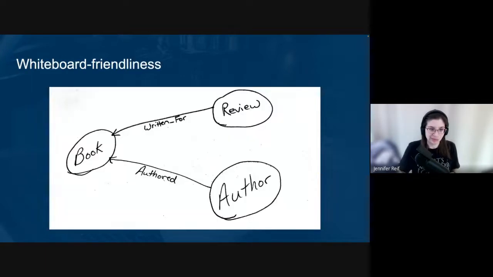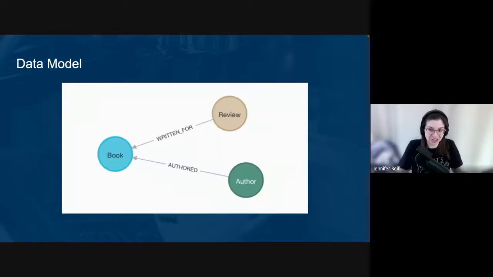Notice how similar, actually exact, it looks from the original model we drew on the whiteboard to what's actually in the database. And this is that whole idea behind whiteboard friendly. The data that you put into the database, the model that you choose, is reflective of how the data exists in the real world itself.